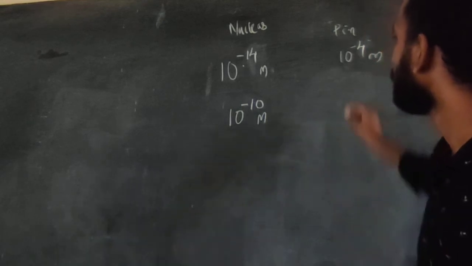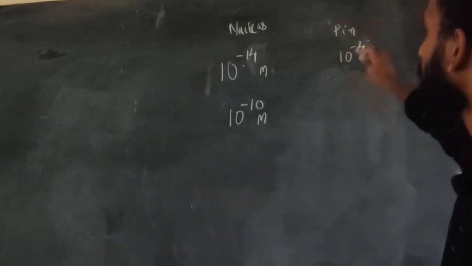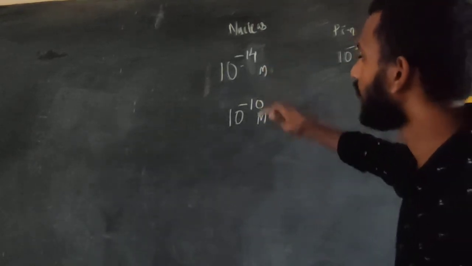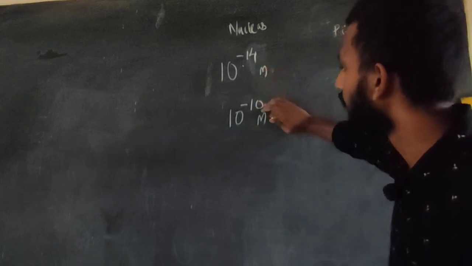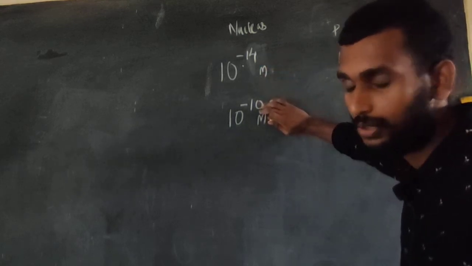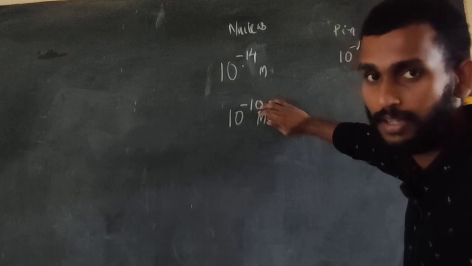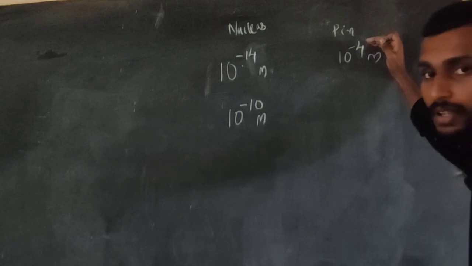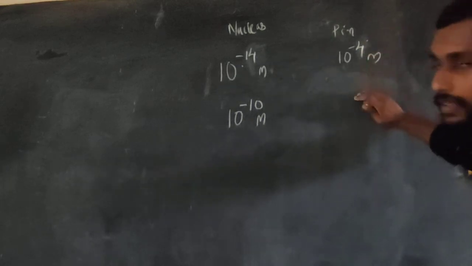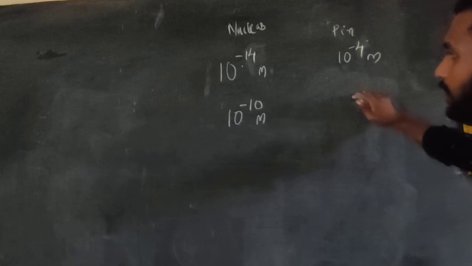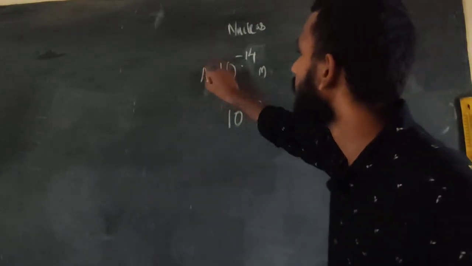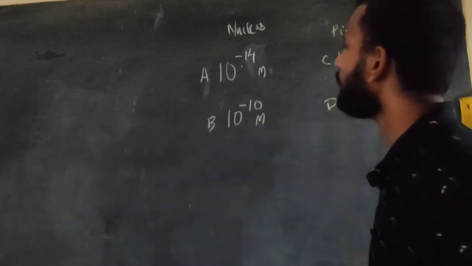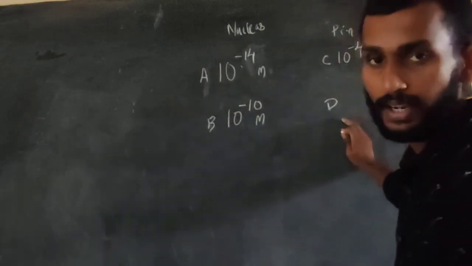Here the pin size is 10 to the power minus 4 meter. So, whatever the range difference, how many times the nucleus is smaller than the atomic size, the pin tip also will be that many times smaller than the atomic size here. Suppose you take this one as A, this one as B, this one as C, and this one as D, the ratio will be equal, that is A by B is equal to C by D.